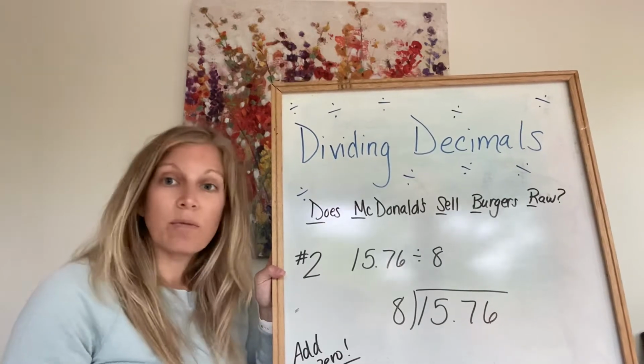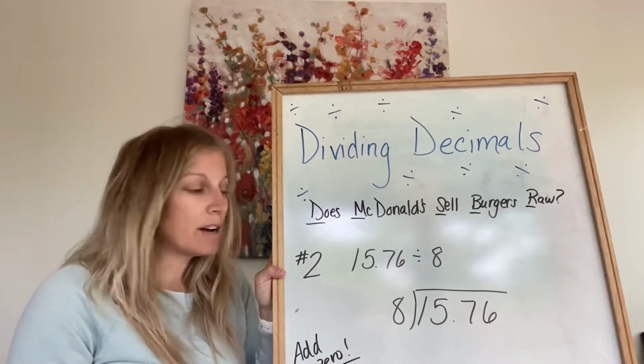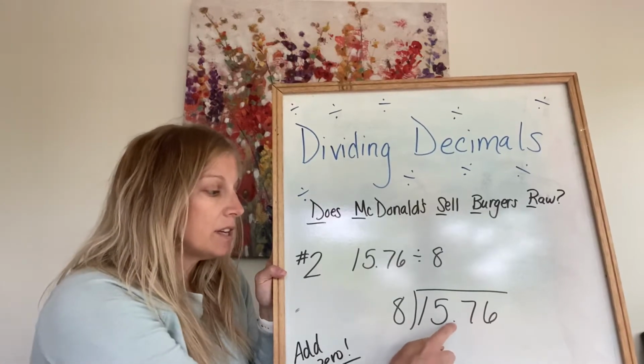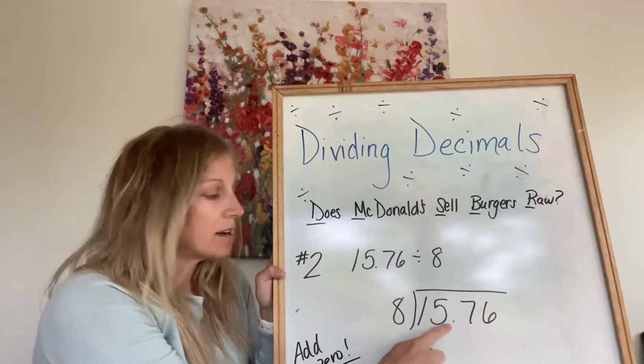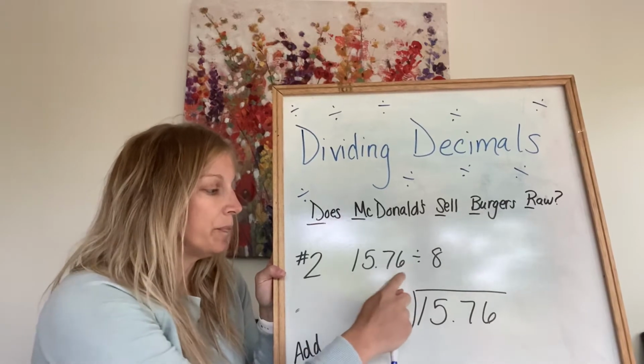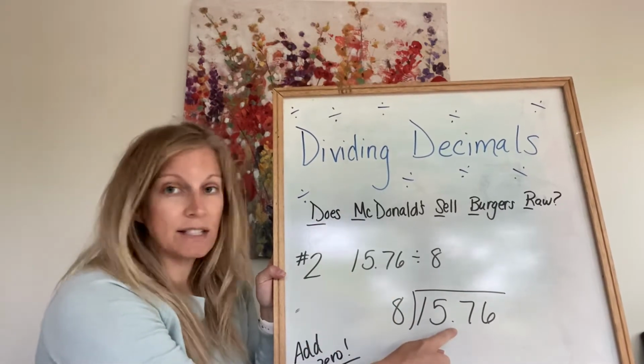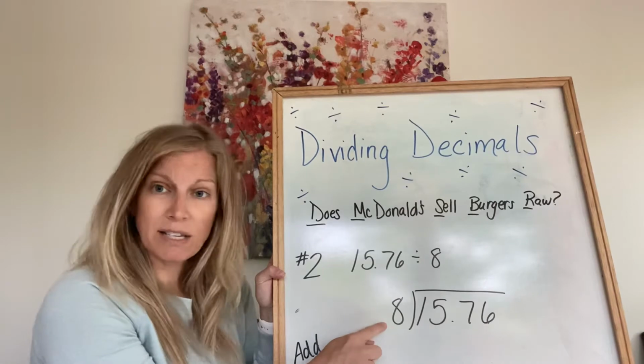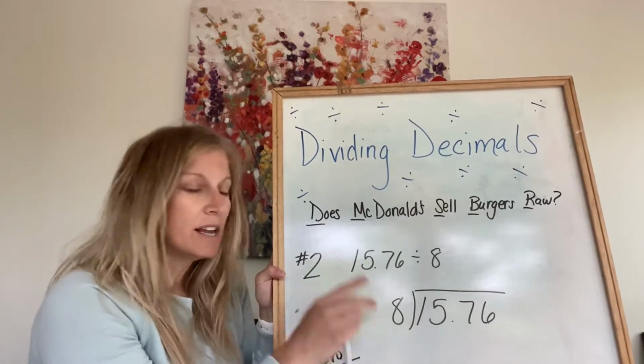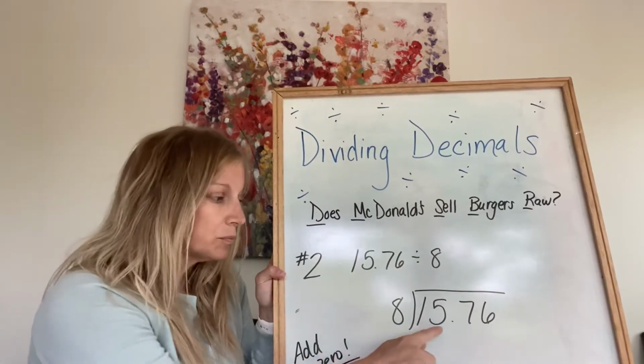Now, with our worksheet and what we're talking about right now, the decimal is only in our number inside the box, okay? It's this first number, and that first number goes inside the box. If there was a decimal outside the box, that would be a different story, but we won't talk about that right now.